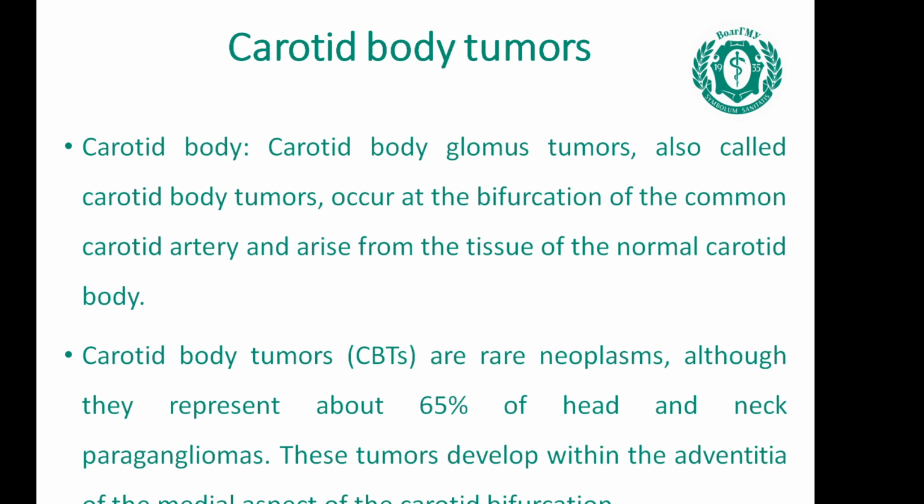Carotid body tumors. Carotid body glomus tumors, also called carotid body tumors, occur at the bifurcation of the common carotid artery and arise from the tissue of the normal carotid body. Carotid body tumors are rare neoplasms, although they represent above 65% of head and neck paragangliomas. These tumors develop within the adventitia of the medial aspect of the carotid bifurcation.